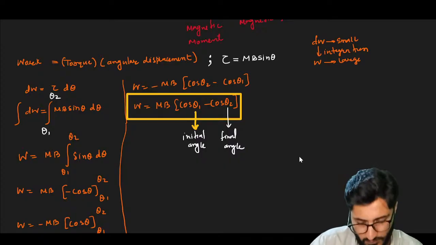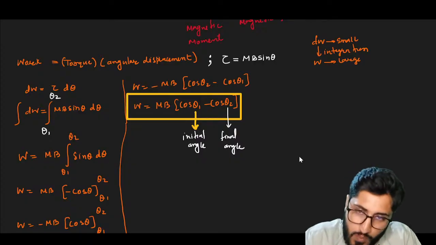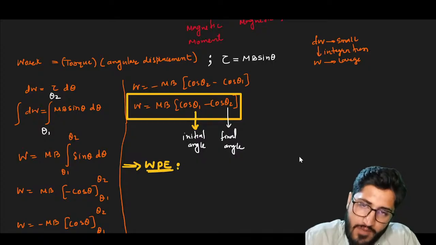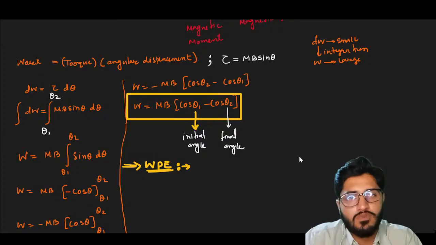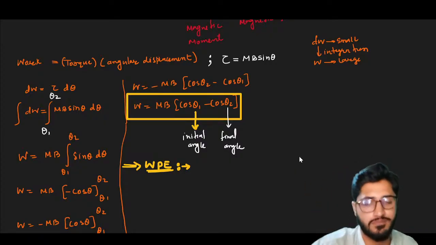One more thing that we know. Do you know what that thing is? From the chapter work, power, energy, we have the work energy theorem. Do you have any idea about the work energy theorem?